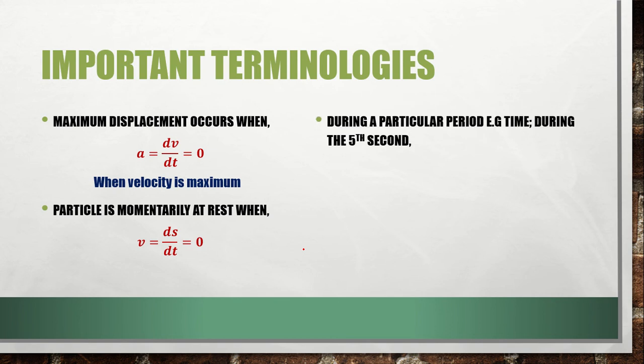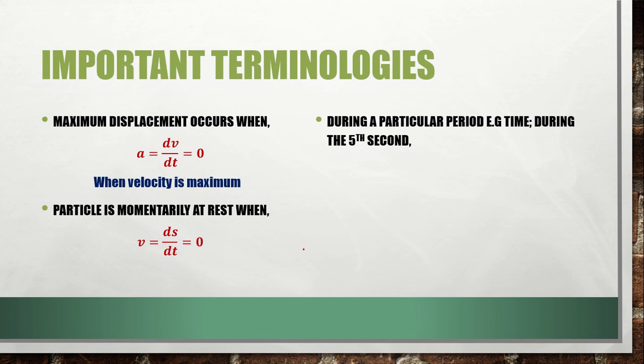Now, what about this one? If somebody tells you to find something during a particular period, for example, the most common one is find the distance or find the velocity or find the acceleration during, for example, the 5th second. What might he mean? Does he mean that you find the displacement after 5 seconds? No. It simply means during the 5th second, at that time.